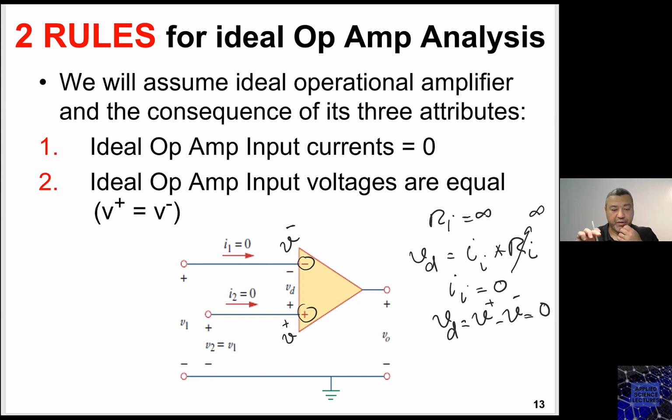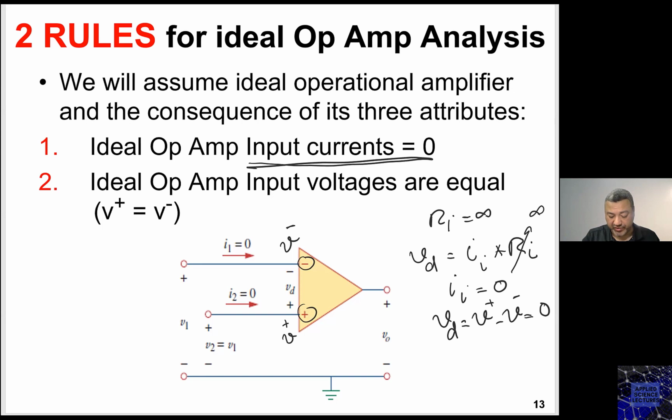Because the resistance is extremely high, this voltage now becomes extremely small, to an extent that I can say that both voltages are equal. So my first rule in analyzing the ideal op-amp is that there is no current.